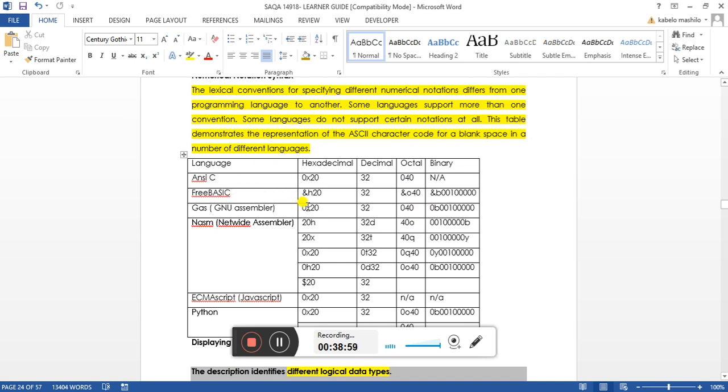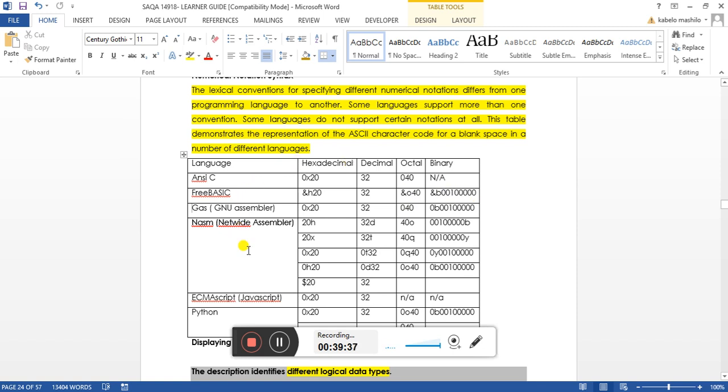In Visual Basic we've got the sign and an H and 20 and 32.